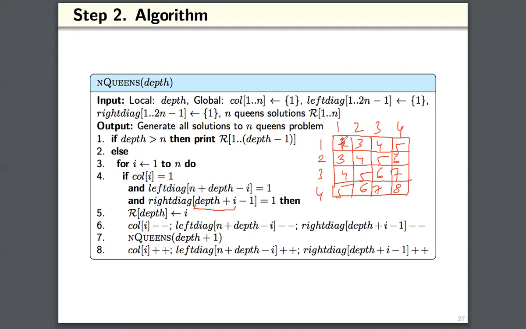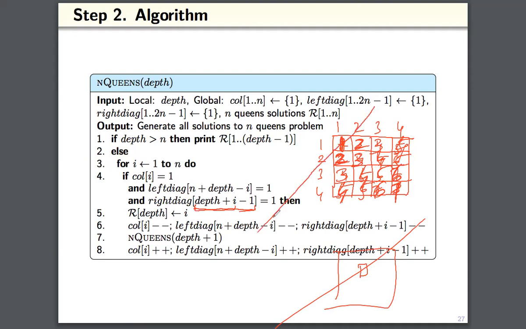So you get 1, 2, 3, 4, decrement by 1 everywhere. 4, 5, 6, 7. So this is your right diagonal, right? The right diagonal passing through a cell is given by depth plus I minus 1. So this is your first right diagonal.